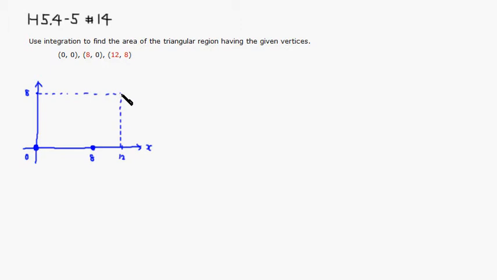That's going to be the third point there, and we connect them all together to form a triangle. So we have this triangular region right here.